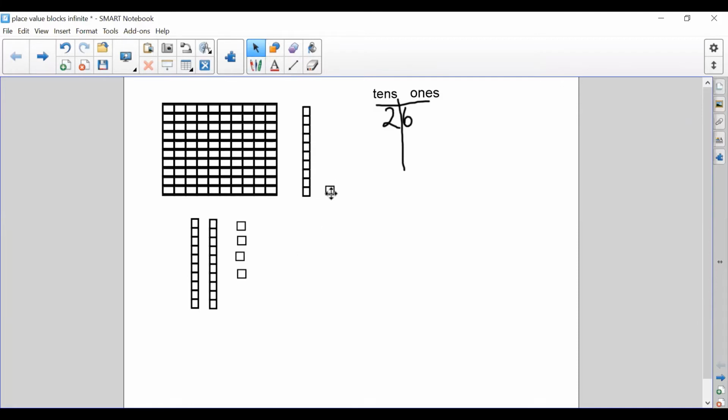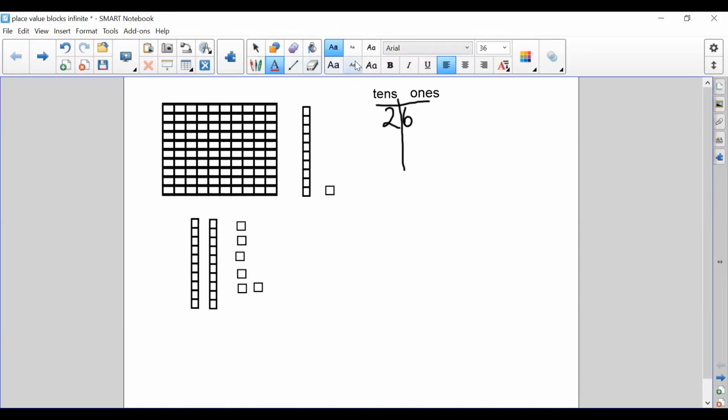And remember that for tens, we draw straight lines, and for ones, we draw little circles. So now would you say that's 26? 2 tens, which is equal to 20, plus 6. And so we can go ahead and write 20 plus 6 underneath. 20 plus 6. And of course, that does equal 26.